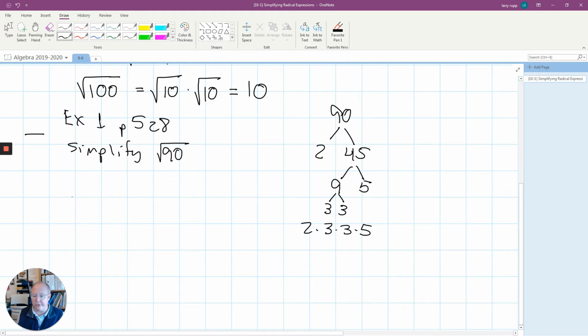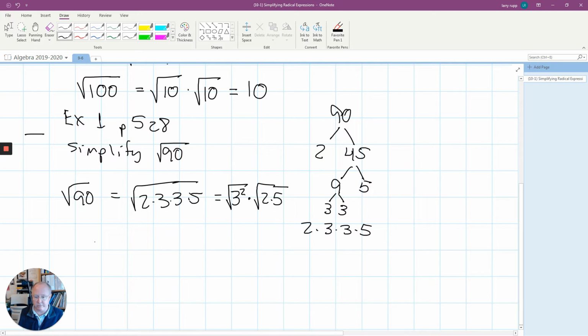So going back over here, the square root of 90 is equal to the square root of 2 times 3 times 3 times 5. Okay? Well, this you can break out as the square root of 3 squared times the square root of 2 times 5.